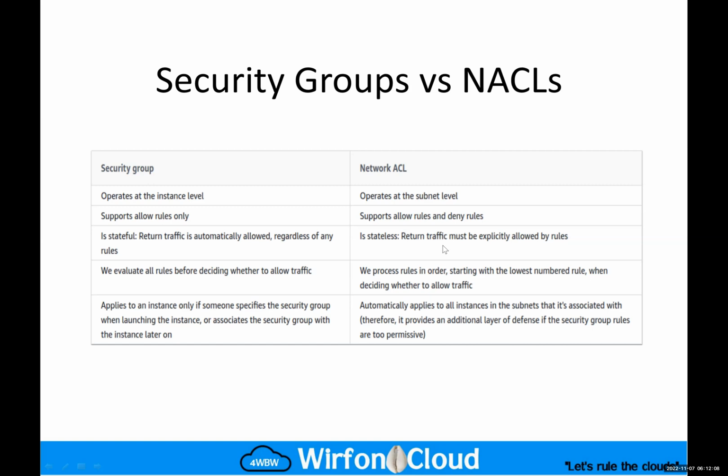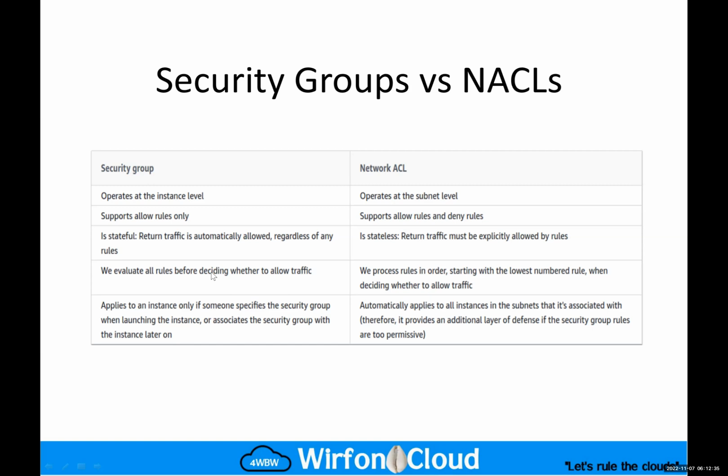For security groups, we evaluate all rules before deciding to allow traffic. So all the rules in your security group would be evaluated when considering traffic that is arriving at the resource that the security group protects.